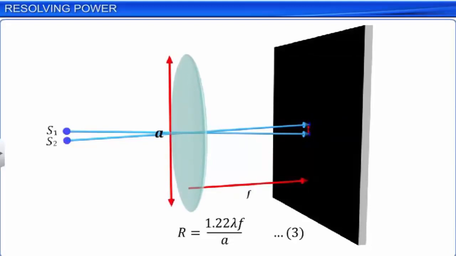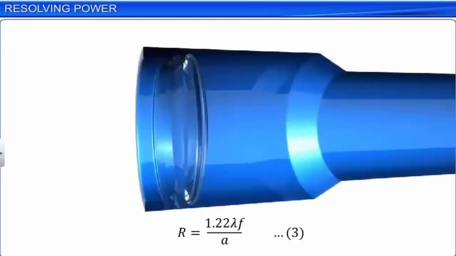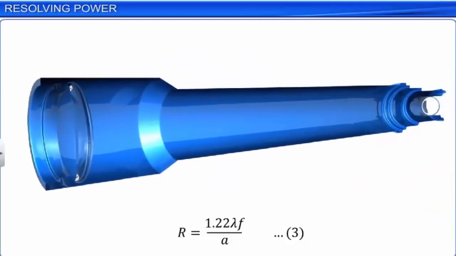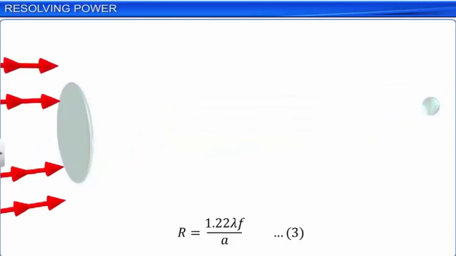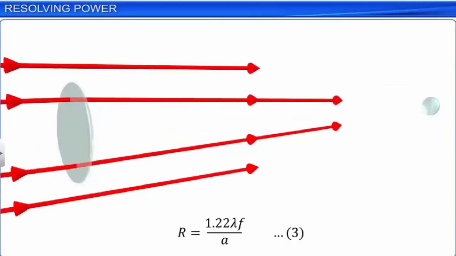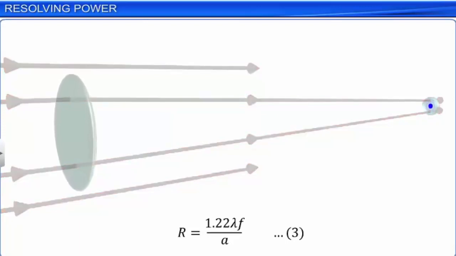The concept of a converging lens focusing light from an object at an infinite distance to form an image at the focal plane is applicable to a telescope. The image so formed is not a point image, but a diffraction pattern with a bright central disk of radius r given by equation 3. So, in order to improve the resolving power of a telescope, the objective of the telescope must be large enough.